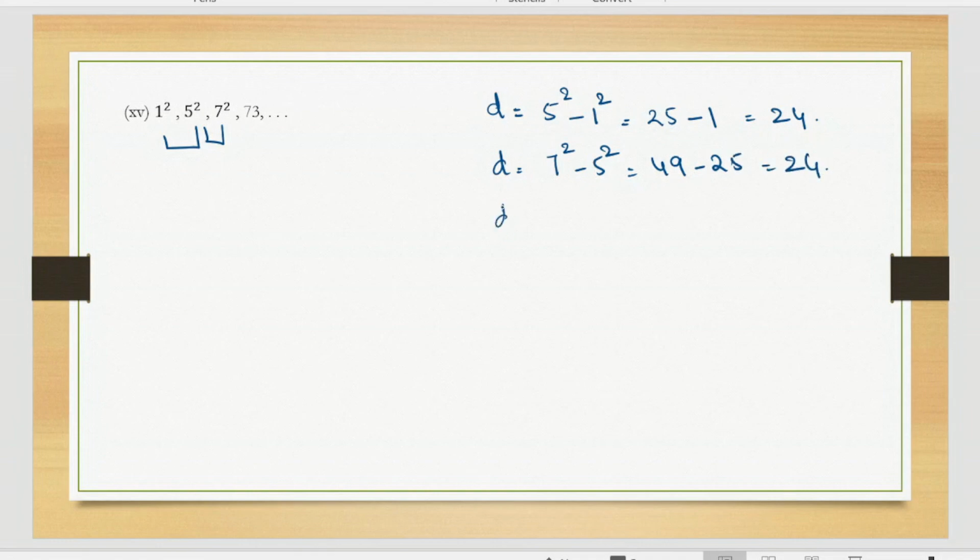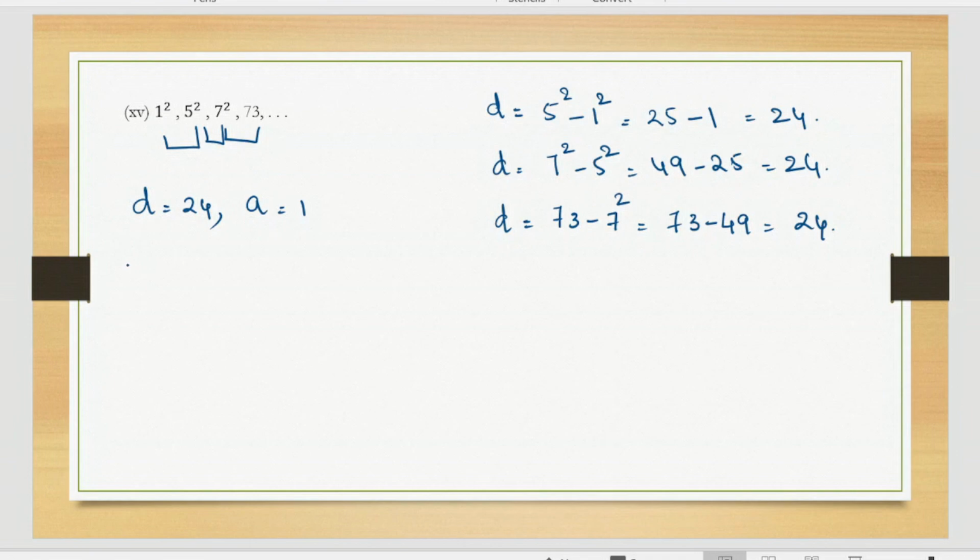Next we take the common difference between the last two terms, that is 73 minus 7 square. 73 minus 49 is also 24. So we can see that the common differences are the same, with common difference 24, and A is equal to 1 square, which is 1. So we can say it is an AP.